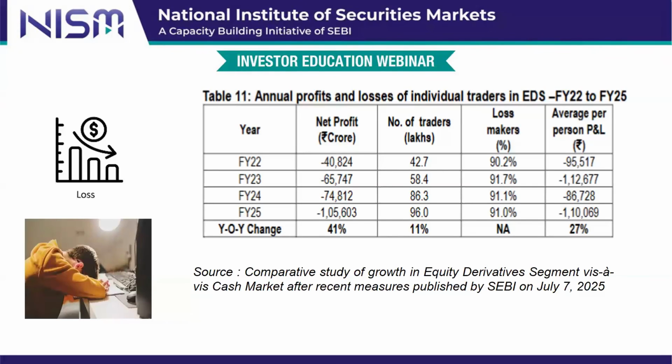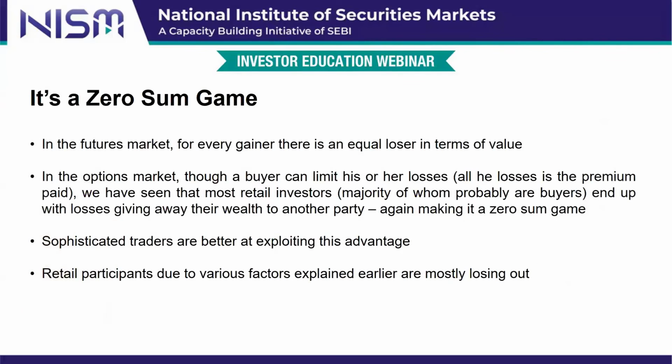So 96 lakh people, and such huge losses are reflected in these studies. So it is ultimately a zero-sum game. For every loser, there is a gainer.